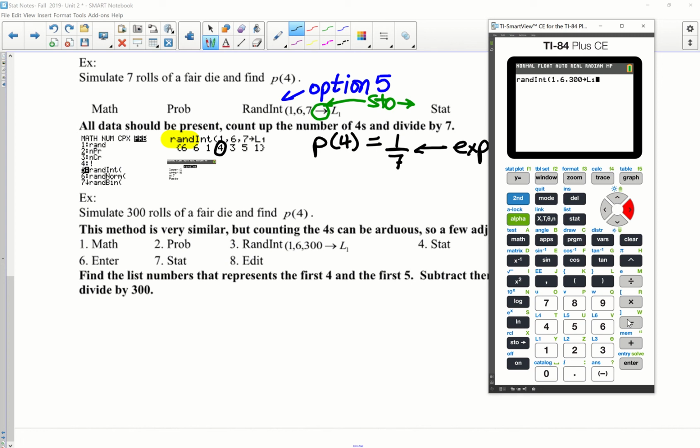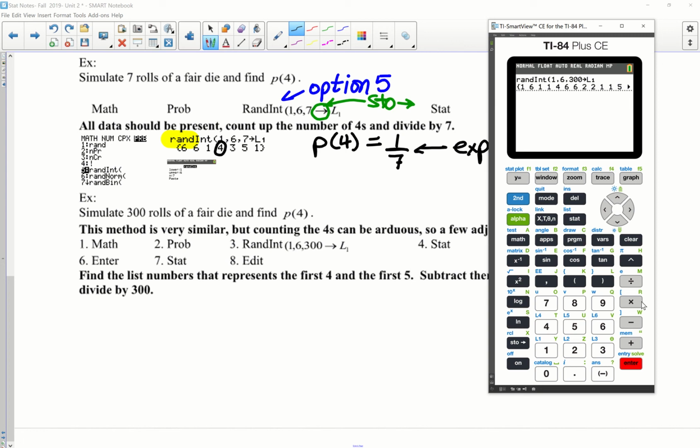All right, and then you hit enter here. It takes a couple of seconds because the calculator is running through its program to figure out these random numbers. Now you can see that this will get out of hand pretty quickly. I chose 7 outcomes for example 1 because for the older calculators anyway, 7 was the most values that you could fit on the screen without having to scroll.